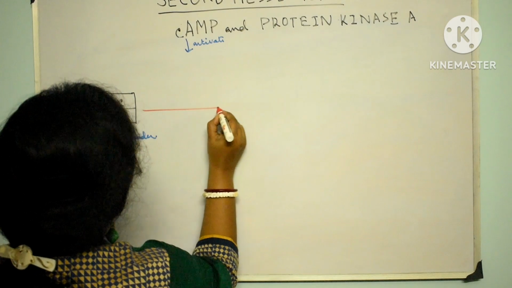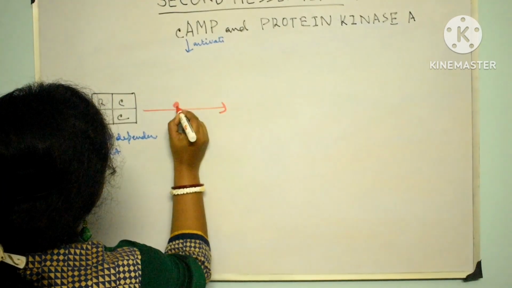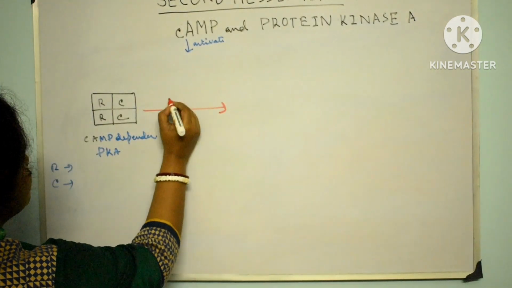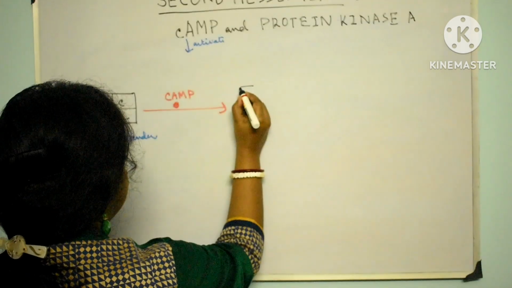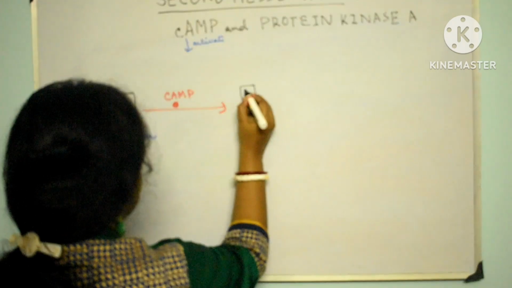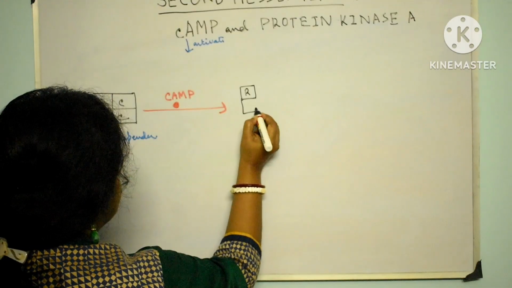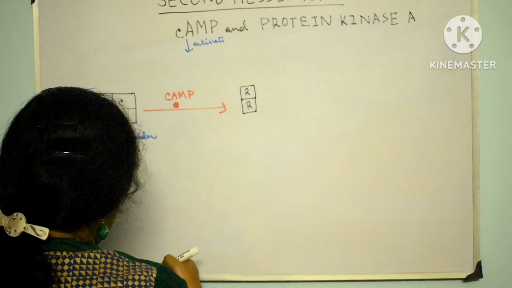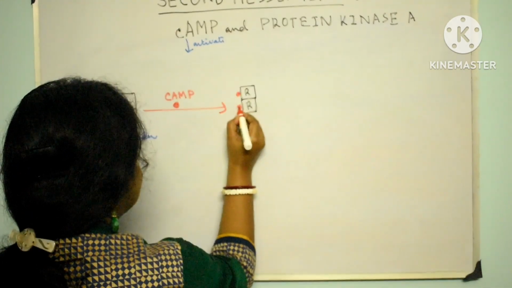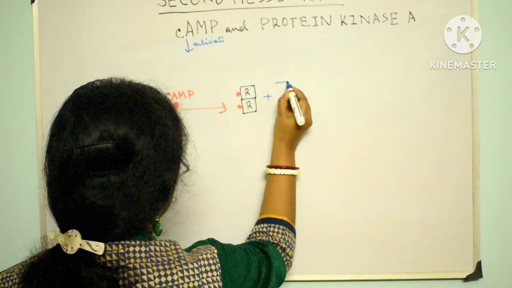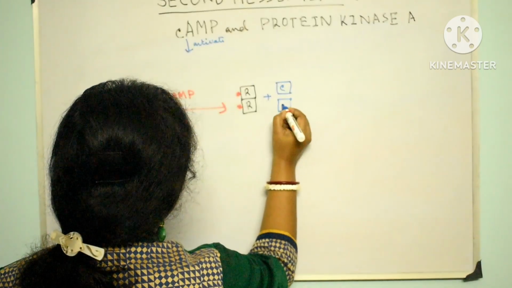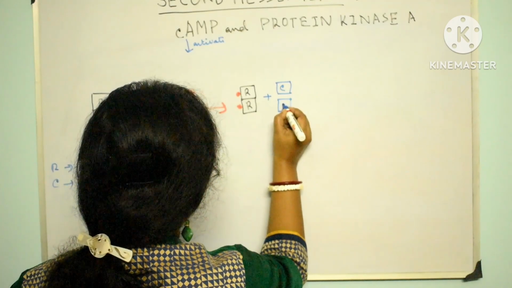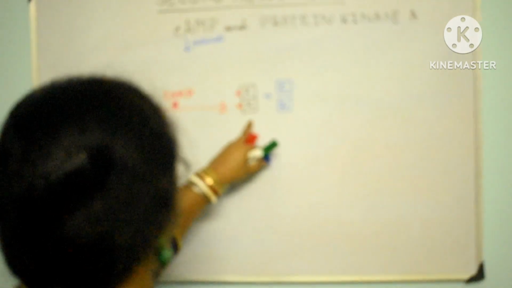Now it is activated by cAMP. Here cAMP is coming. The regulatory subunit R and the catalytic subunit C are separated after attaching with cAMP and being activated.